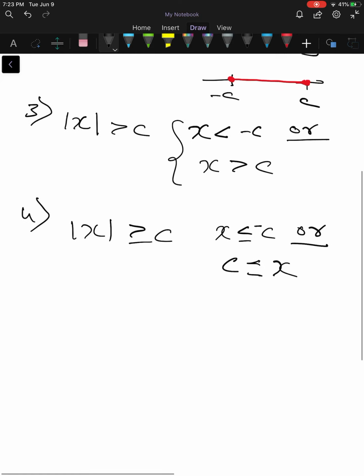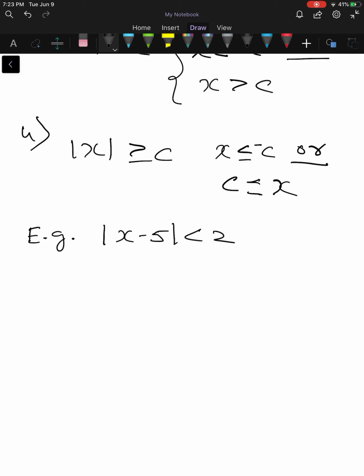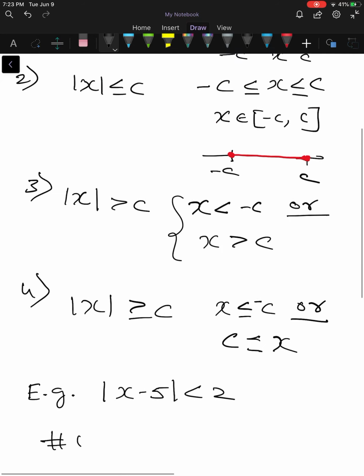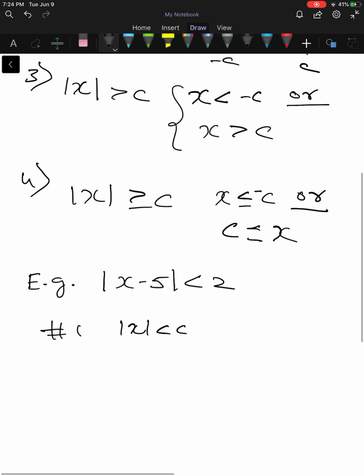So we shall use these properties and solve certain inequalities to get a better idea of how to apply these properties. For example, if I consider absolute value of x minus 5 is less than 2, applying property number 1: if absolute value of x is less than c, that implies negative c is less than x is less than c.